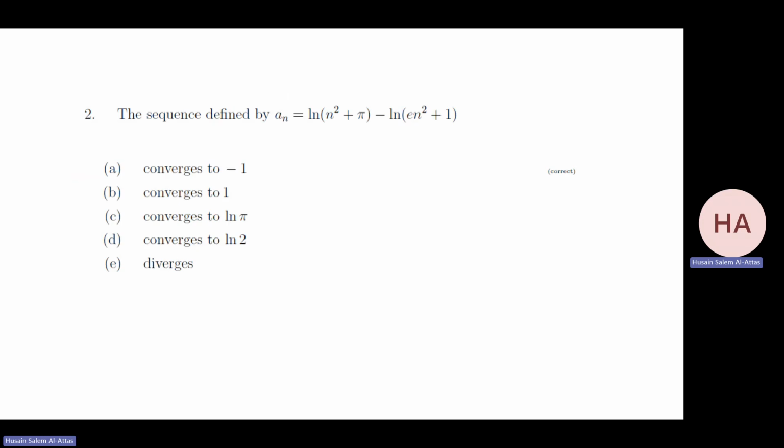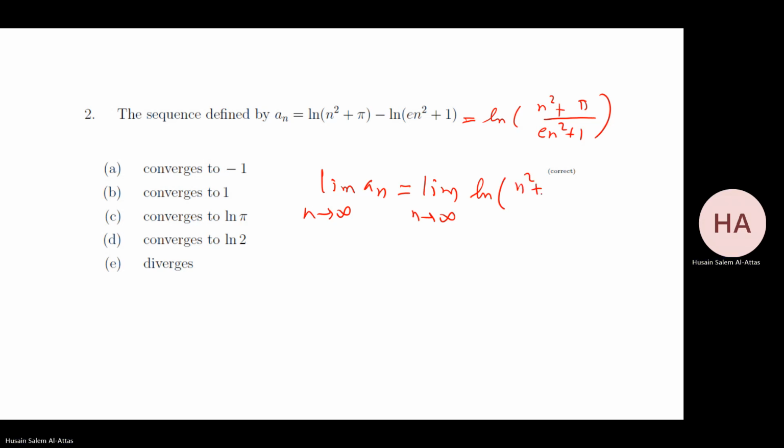This sequence is defined by this. Notice it's ln of n squared plus pi over e n squared plus 1. I need to find the limit of a_n as n goes to infinity. That gives me the limit as n goes to infinity of ln of this, where I can take the limit inside.